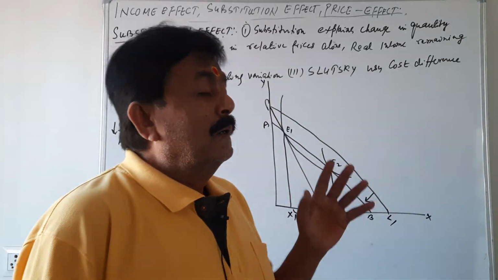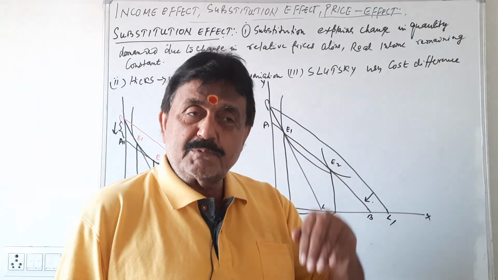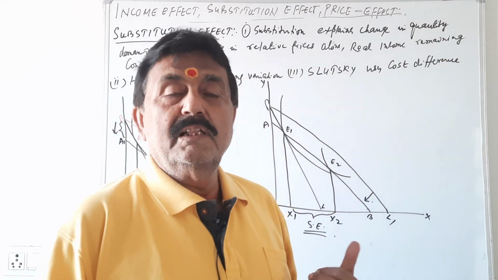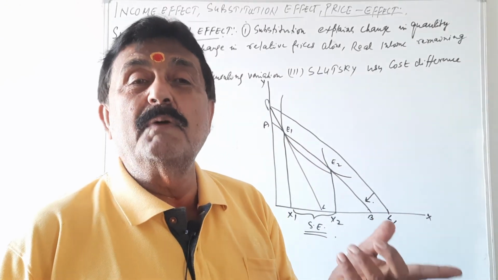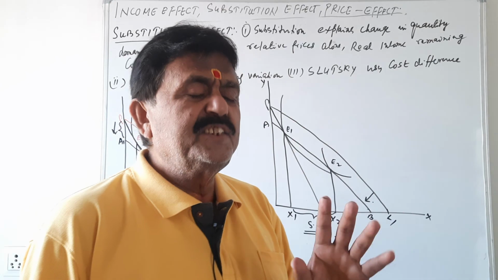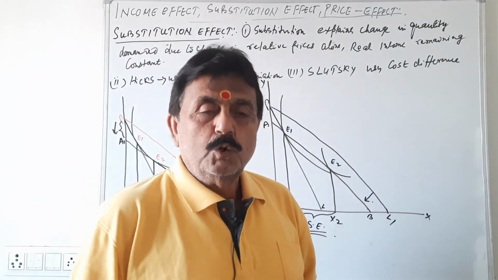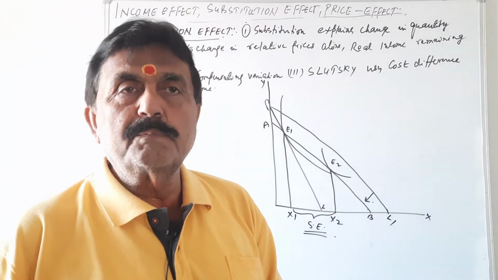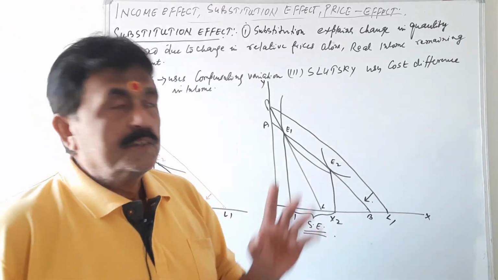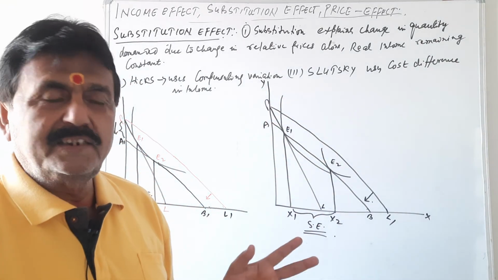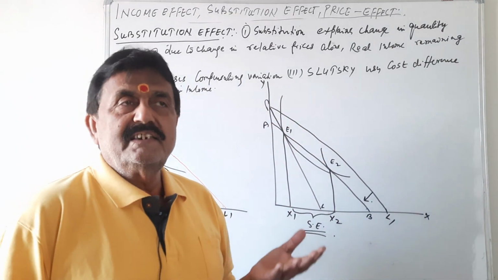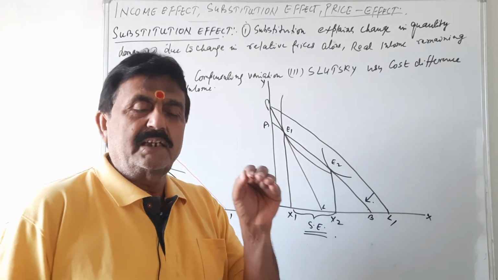Now, if real income is kept constant at the initial level, what happens to the demand? Any change in demand in that case would be only due to the change in the relative prices of both the commodities.